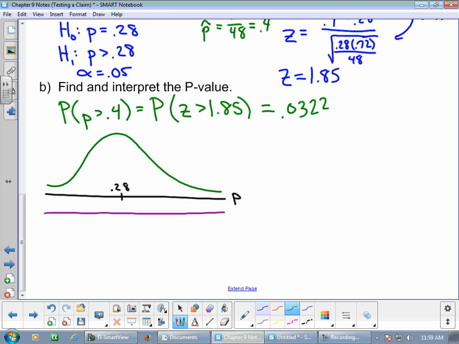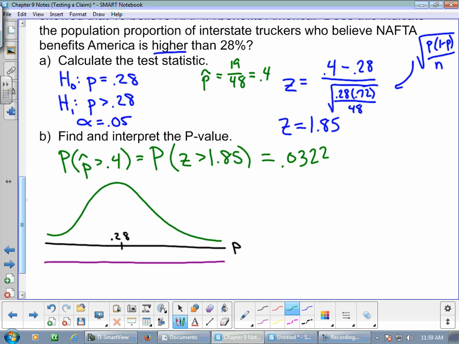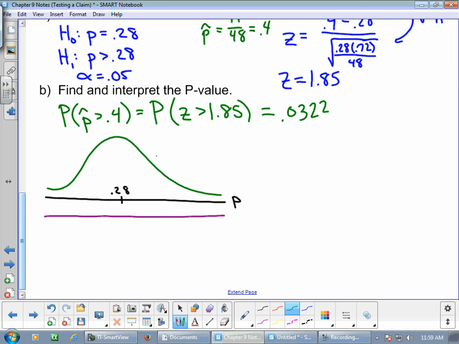So the probability that our sample would end up with more than 0.4, not p, but p hat. Well, 0.4 is the proportion of truck drivers that support NAFTA. So that's what we're interested in. So 0.4 is somewhere over here.